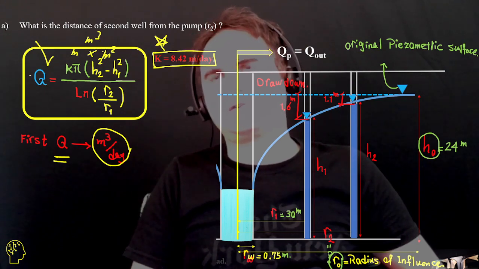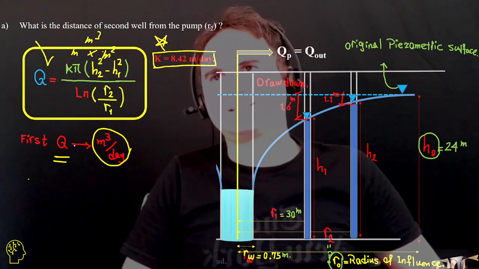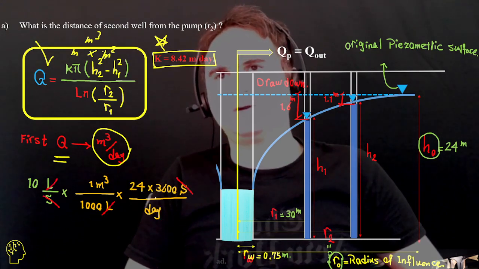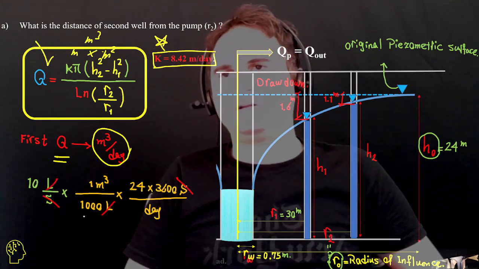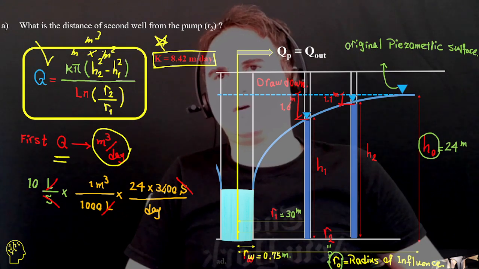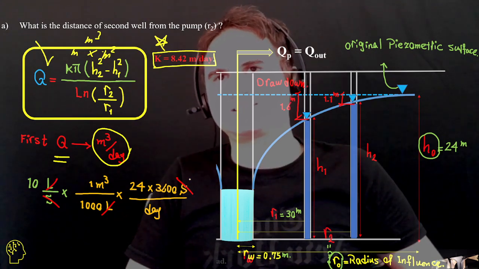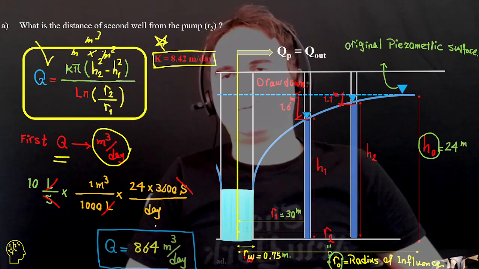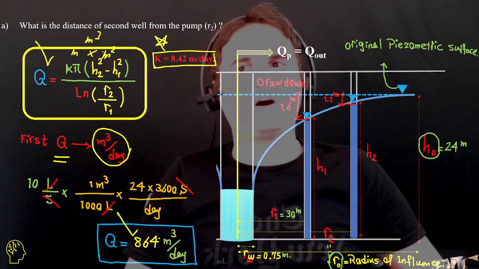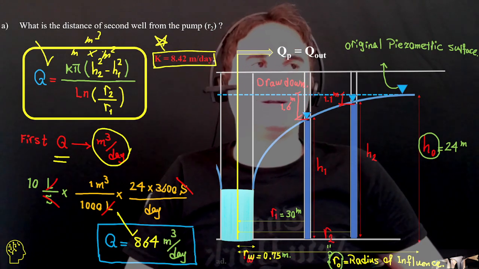We want to make our units consistent. So 10 liters per second, converting, each 1,000 liters is 1 meter cubed, and each day is 24 hours, and each hour is 3600 seconds. By doing that, the discharge Q is 864 meter cubed per day.